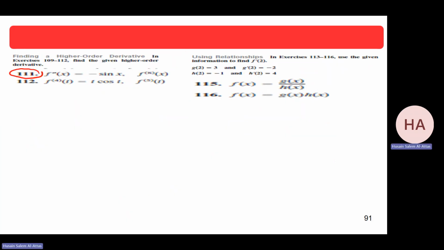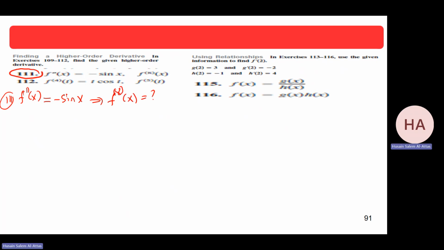Now, this is also about the higher derivative. He says they think the fourth derivative is minus sine x. No, this is the second derivative. Second derivative is minus sine x, and they want what is the eighth derivative.